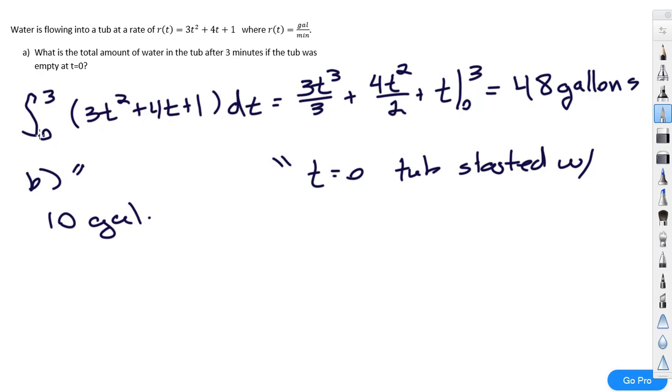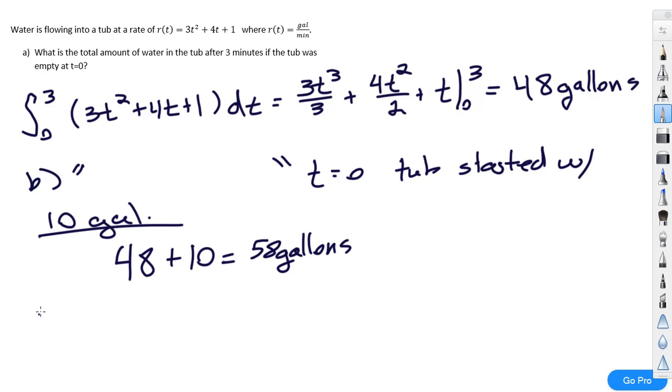In that 3-minute span, we have water flowing in at this rate and we have 48 gallons. The only difference is the amount of water that starts in the tub. So the answer would be 48 plus the 10 gallons that we started with, which gives us 58 gallons.